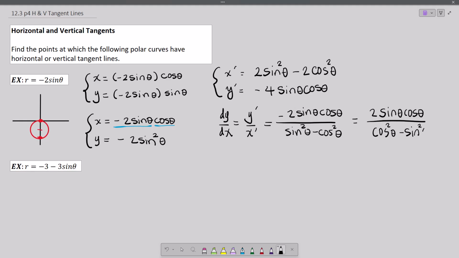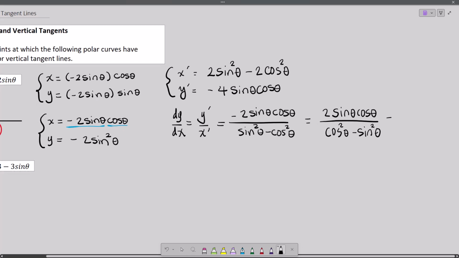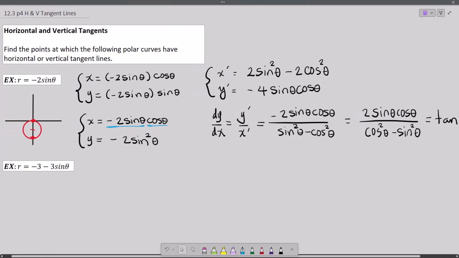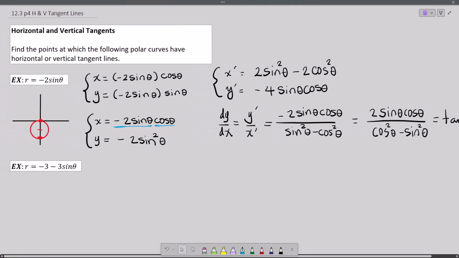Don't have to, but this is going to be sine of 2 theta in the top, and cosine of 2 theta in the bottom. So this whole thing, we could write as tangent of 2 theta if we wanted to switch over. Don't have to, though. We are fine simplifying right here even. It's totally fine.